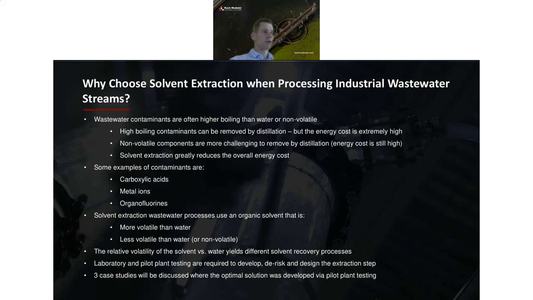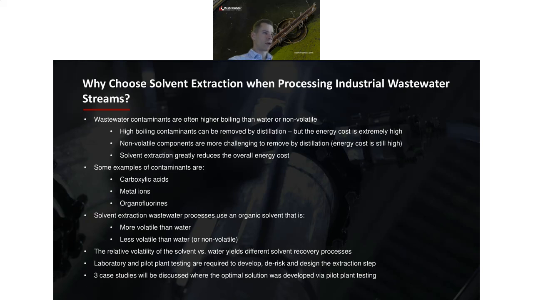If you have a high boiling contaminant, it can be separated by distillation, but the energy cost is high. That's also true if you have a non-volatile component. Those can also be removed by distillation or evaporation, but the energy cost is high there as well. That's essentially because the amount of energy required to boil off all of that water is extremely costly.